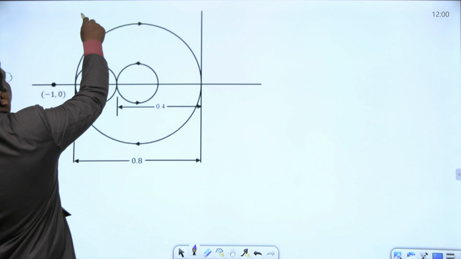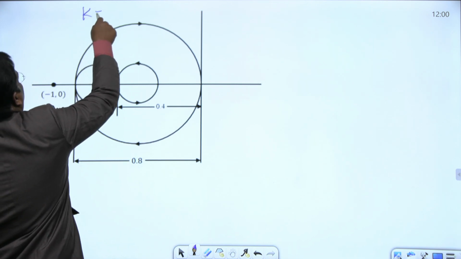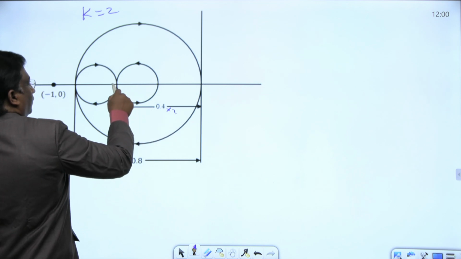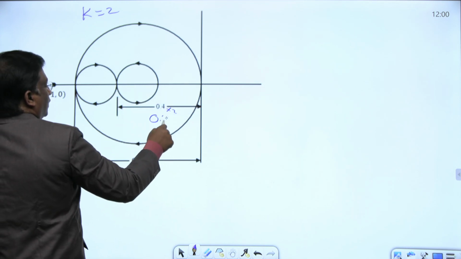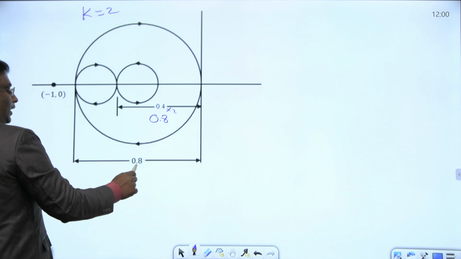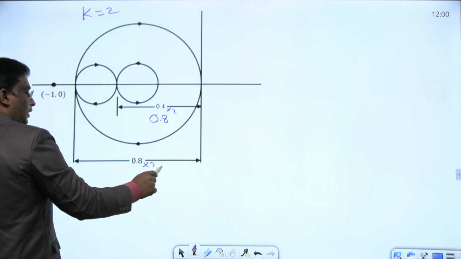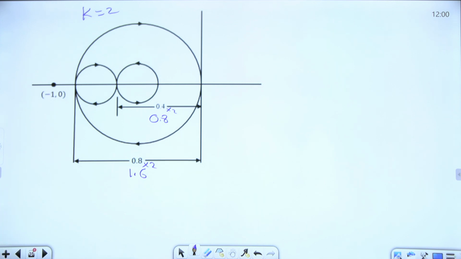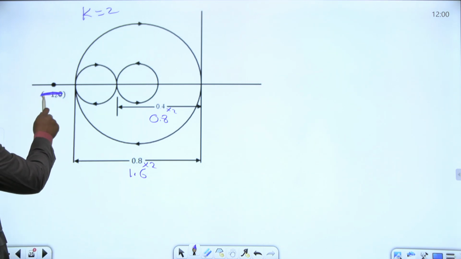See here, for k equal to 1, they have given, for k equal to 2, this becomes 2, this magnitude becomes 0.8. From here to here, for k equal to 1, this is 2.8, and this becomes 1.6, right? And now we'll see the encirclements.